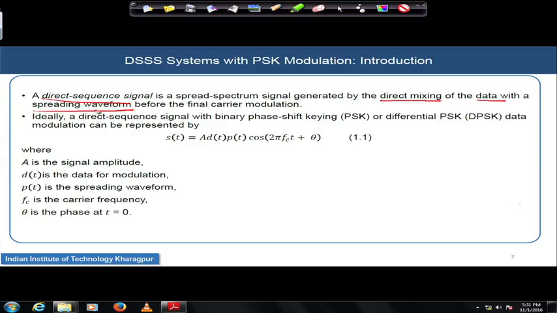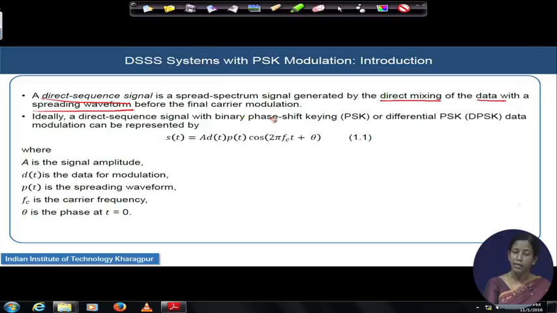Here, the PN sequence or the spreading waveform helps us extend the bandwidth of the spread spectrum signal compared to the data modulated waveform.